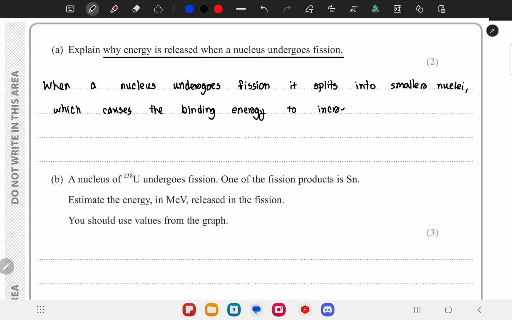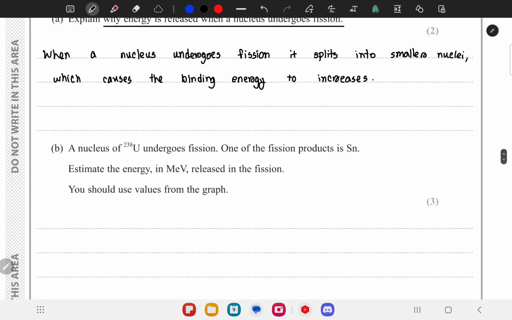If binding energy increases, energy is released. Or you can talk about it in terms of mass. If the binding energy increases, the total mass decreases, so the mass is converted into energy. This is enough for this question. We don't need to write further.